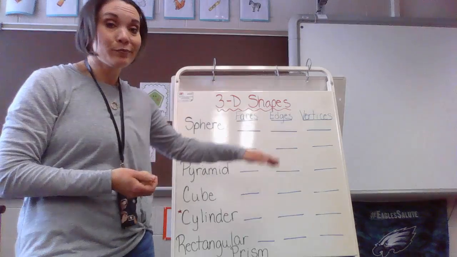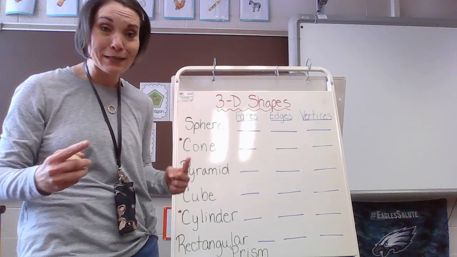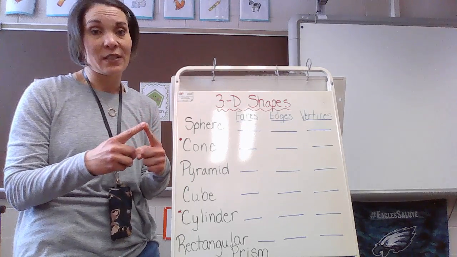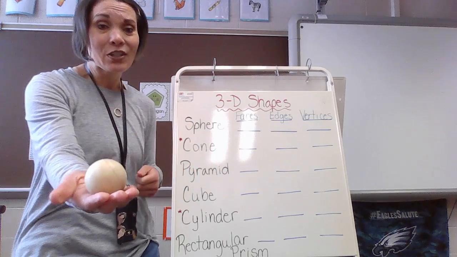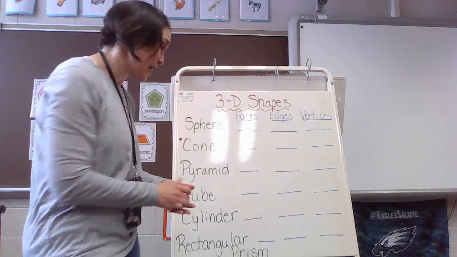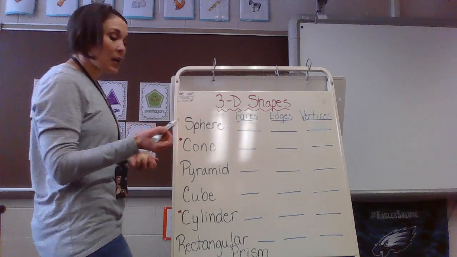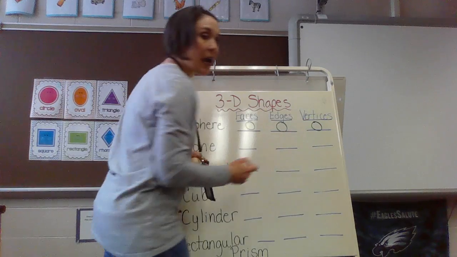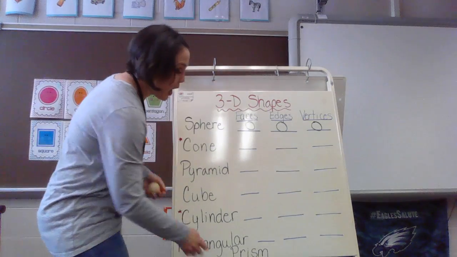No edges means they can't come together to form a point, a vertex. So a sphere is very easy to count. How many faces, edges, and vertices? 0, 0, and 0.